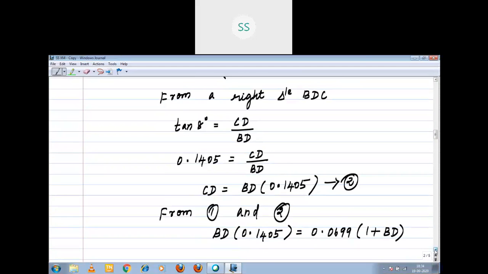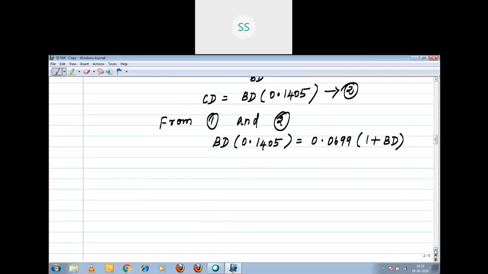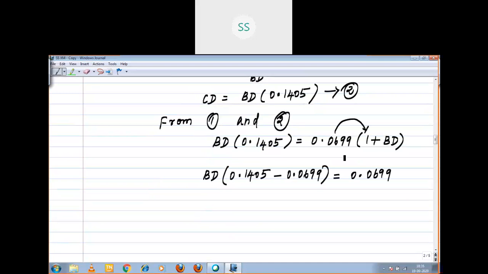Now, from 1 and 2, BD into 0.1405 equals 0.0699 into 1 plus BD. I hope you people understood.